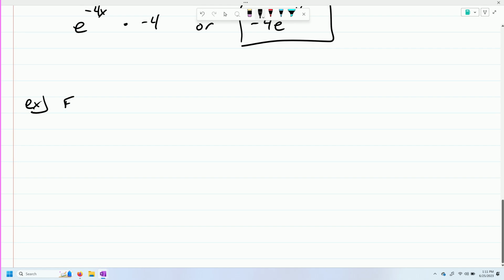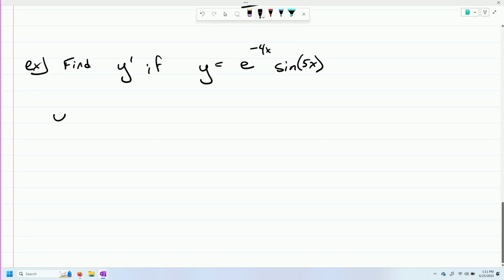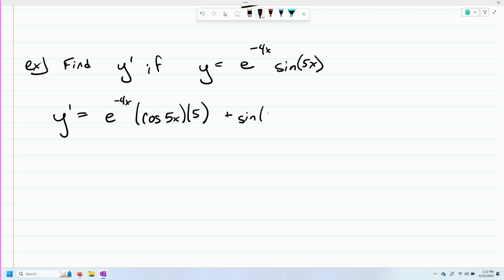So find y prime if y equals e^(-4x) times the sine of 5x. Here we're going to need the chain rule, and we're also going to need the product rule. So y prime equals e^(-4x) times the cosine of 5x times 5, plus the sine of 5x times e^(-4x) times -4.